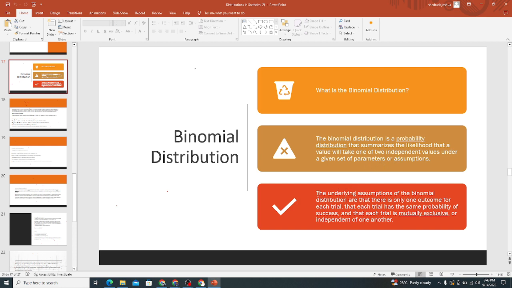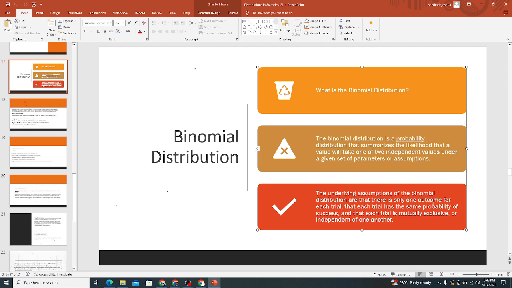Then we are saying this is under a set of assumptions. We usually have some assumptions for the binomial distribution to hold. The underlying assumptions are that there is only one outcome for each trial. For example, if we toss a coin, we can only expect one outcome, a head or a tail.